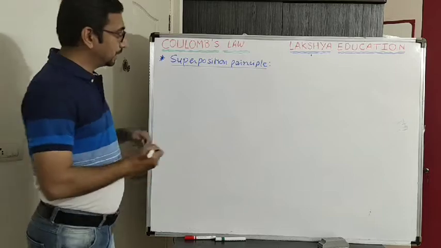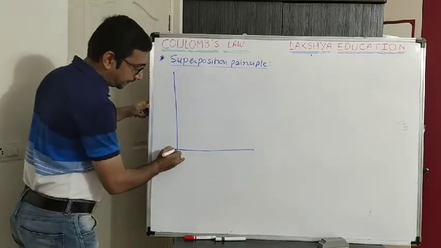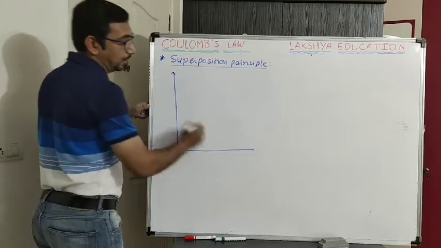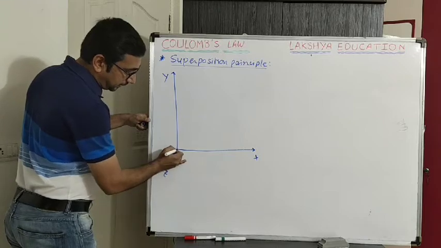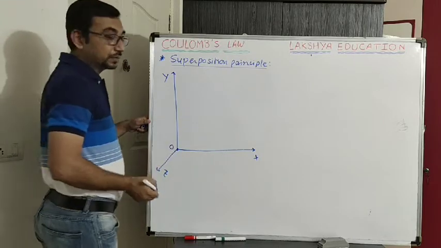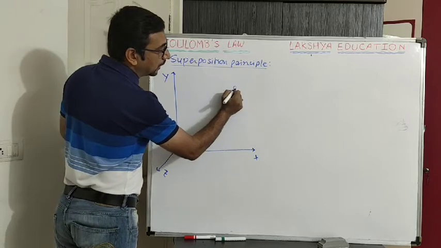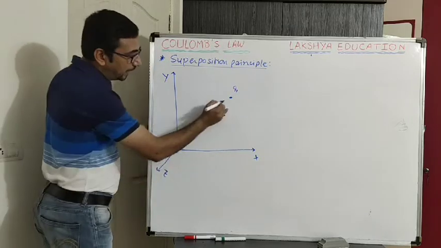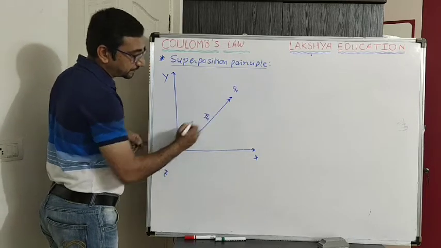So here we will take 3 charges. Again we are taking a coordinate system with x-axis, y-axis and z-axis. This is the origin. Suppose we have one charge q1 and its position vector is r1.